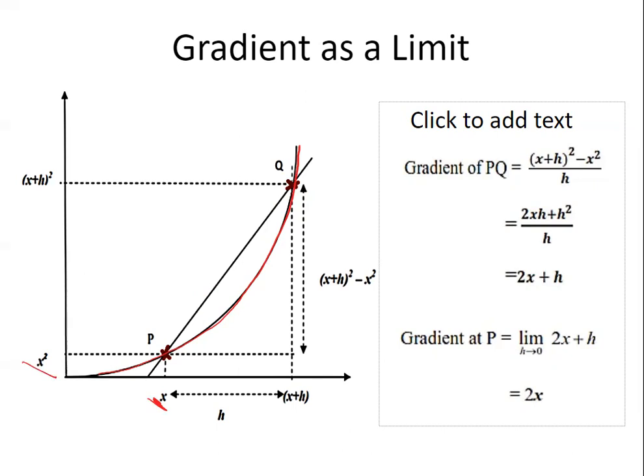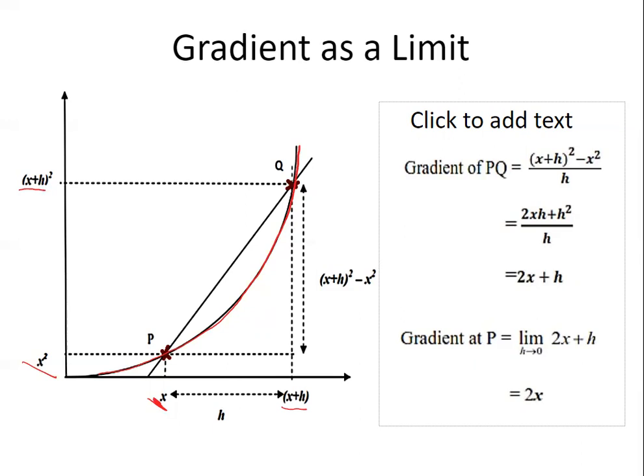Now what Newton and Leibniz did was they considered, what if we were to draw what we refer to as a secant from P to Q? So they choose a neighboring point to P and they connect P and Q with what we call a secant. So let's say that the coordinates of Q are (x plus h, x plus h squared), because the curve is really y equals x squared.